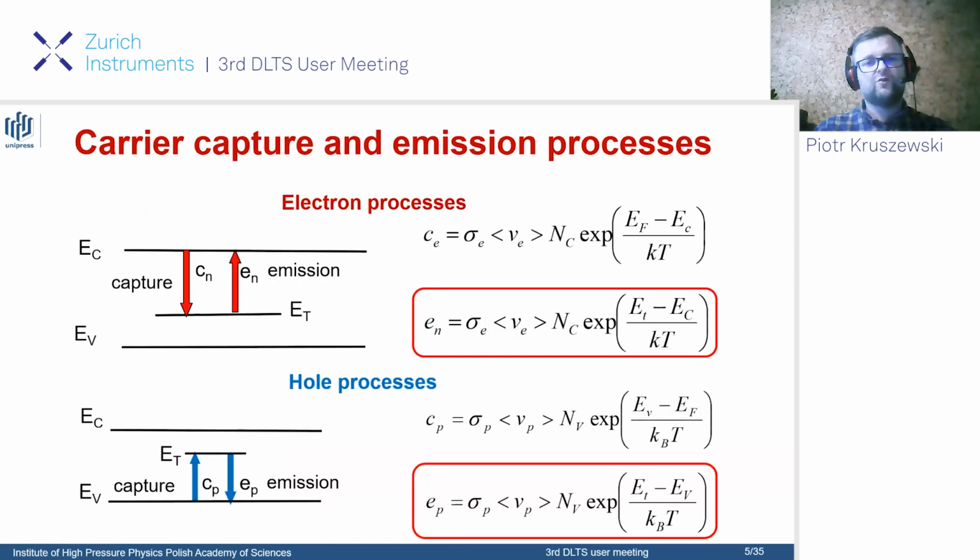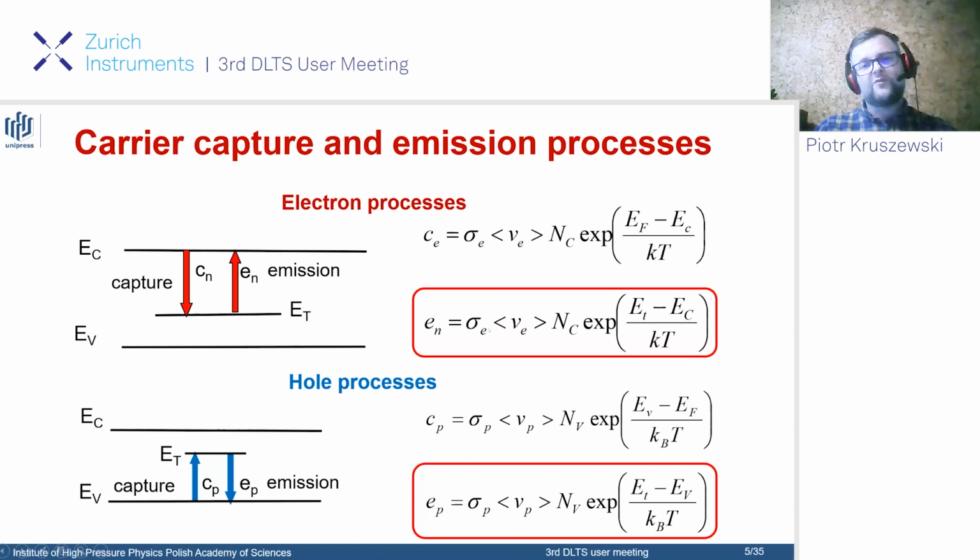Just to remind you that the carrier capture and emission processes are given by this equation. I will not go into details. I just remind you that the emission rate is given by this equation.